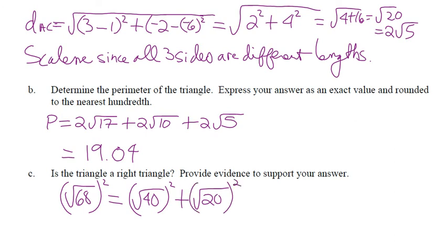See, it's easier to be in this form than it is to be 2 root 17, right? That doesn't really help me. So is 68 equal to 40 plus 20? Yes. No.